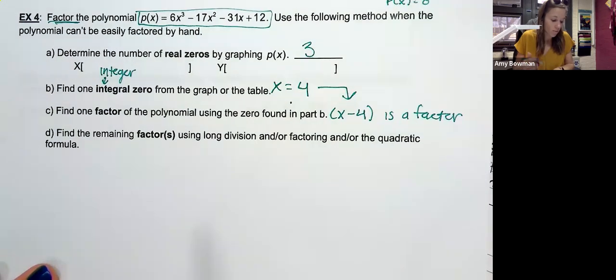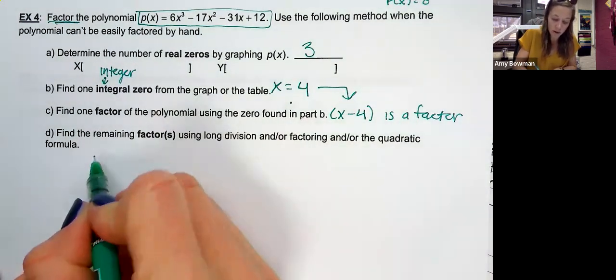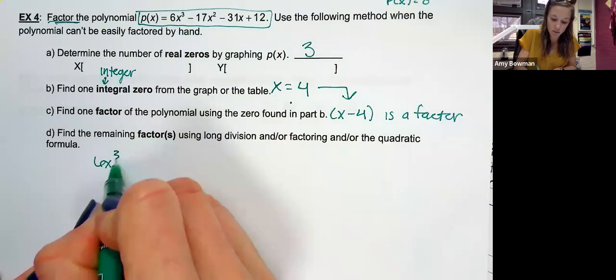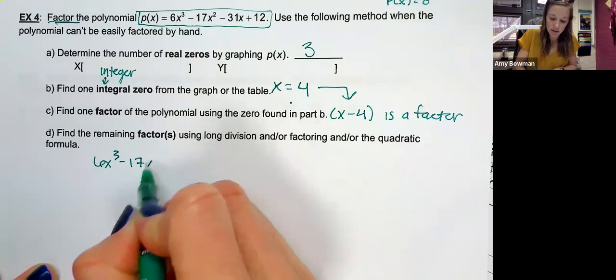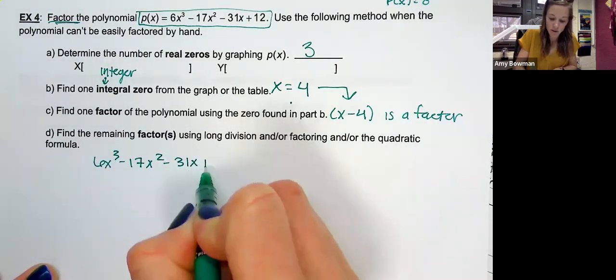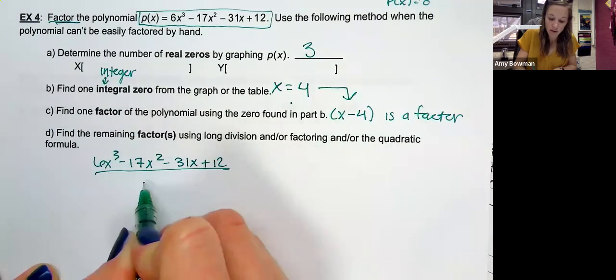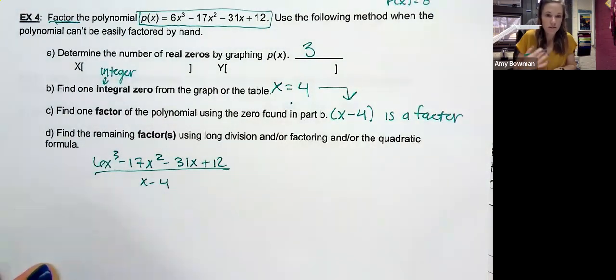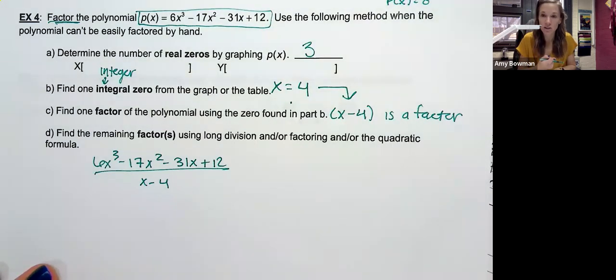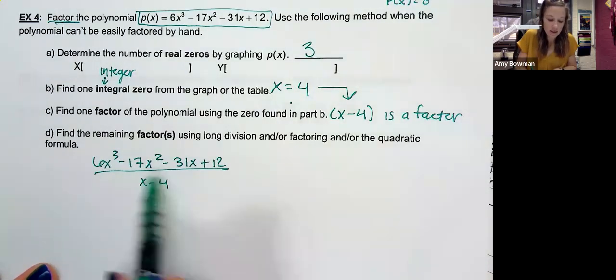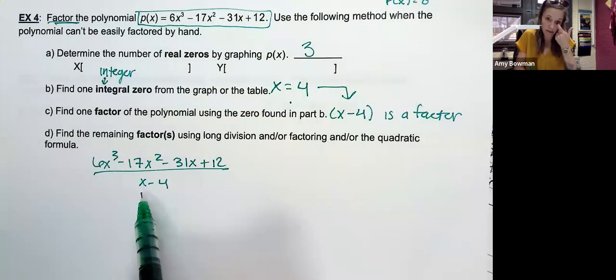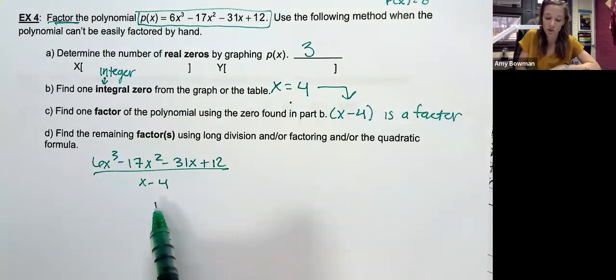So basically what we want to do is divide our polynomial 6x cubed minus 17x squared minus 31x plus 12 by x minus 4, and we just learned how to do polynomial division with long division or synthetic division. So luckily this is in the form of x minus c, so we can use synthetic division here.